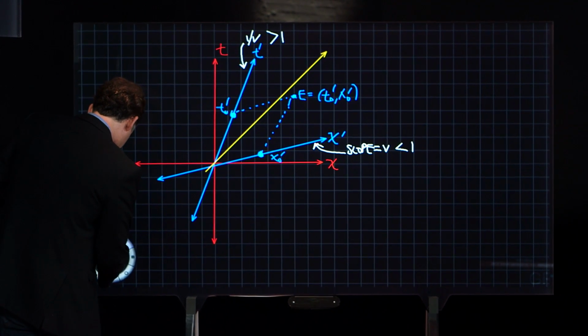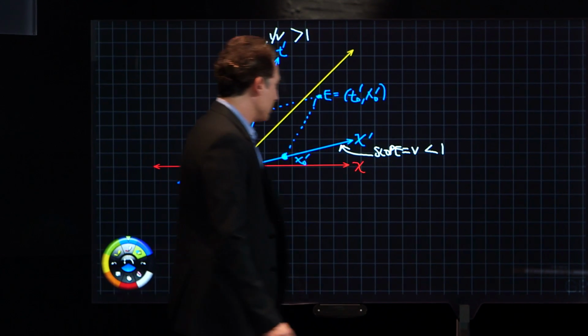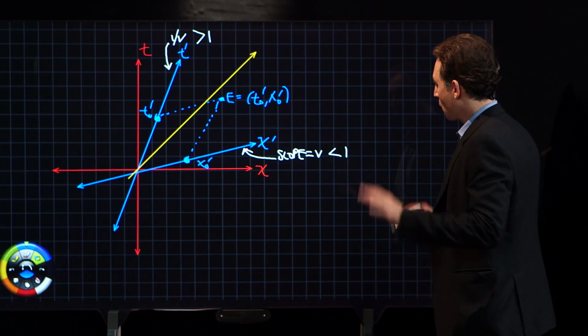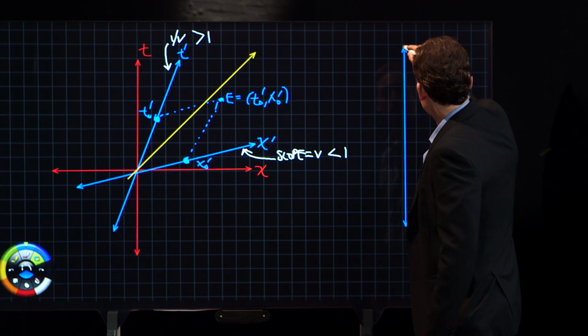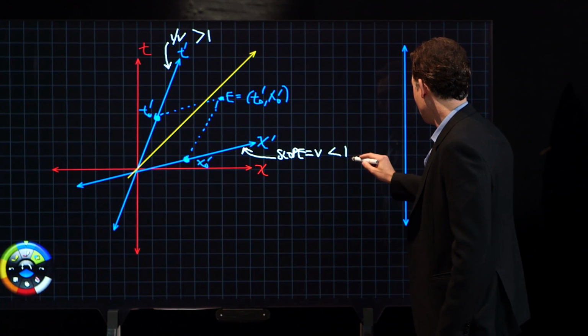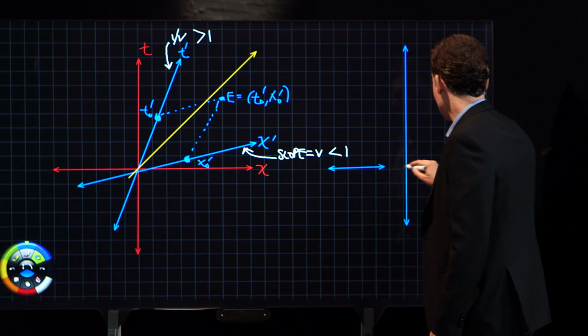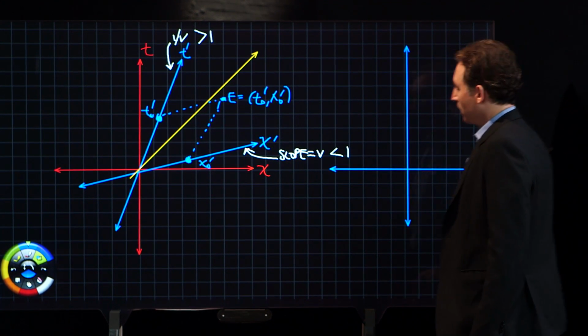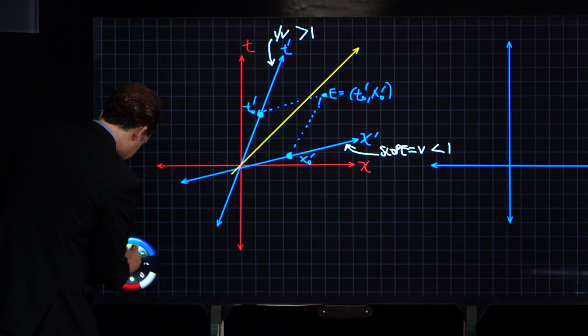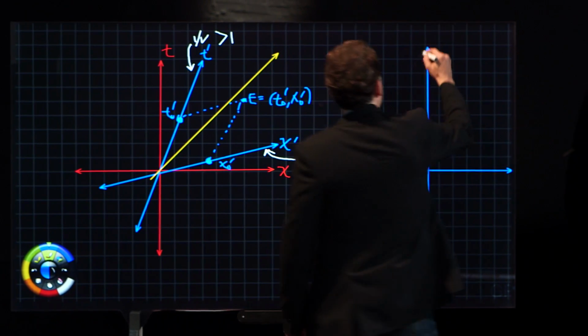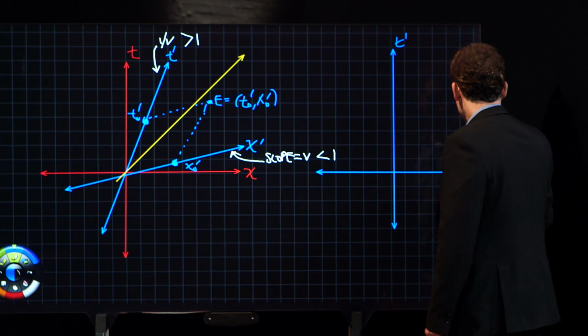So let me plot down here. Imagine we take the starting perspective to be the blue system. So here is its axis, and let me keep it reasonably close. So that then would be labeled as t prime and x prime.